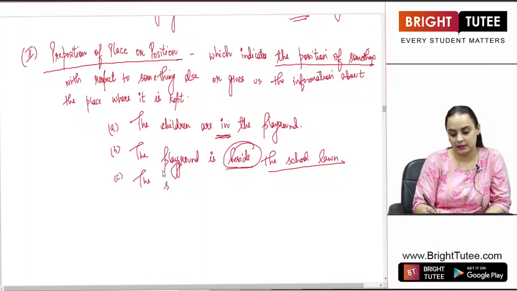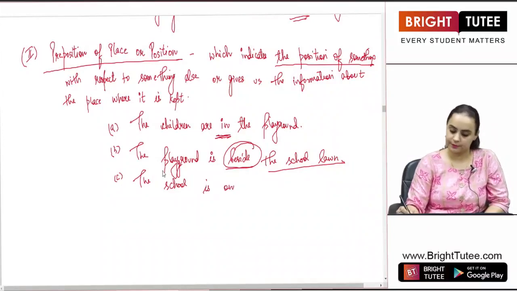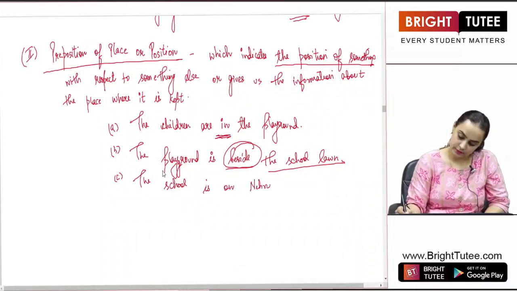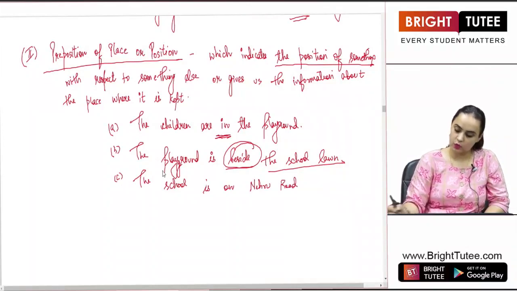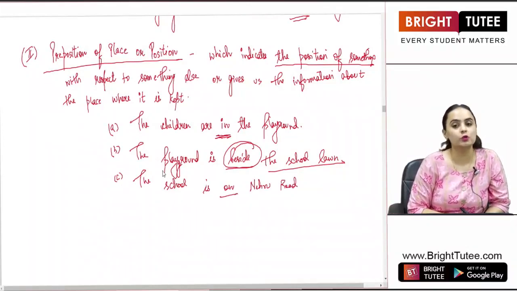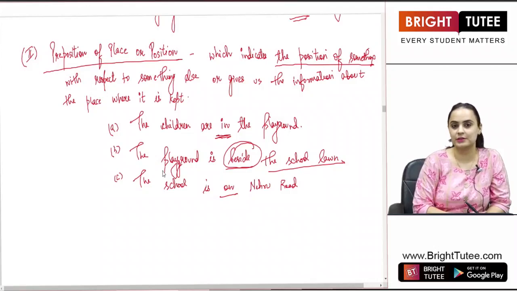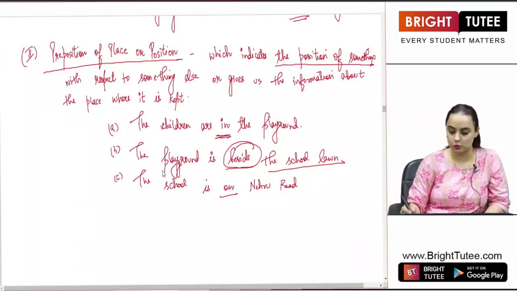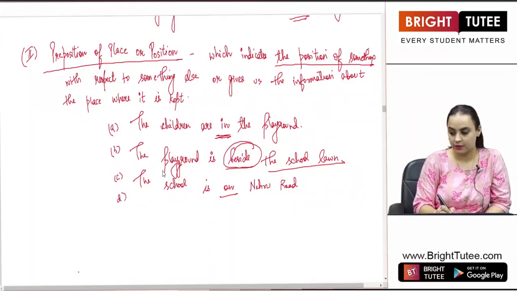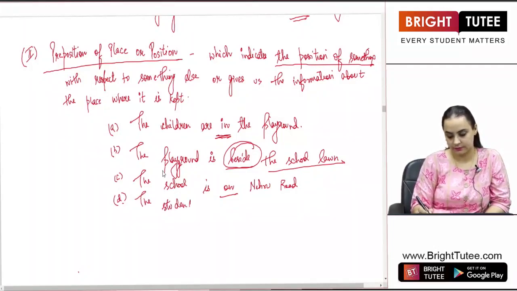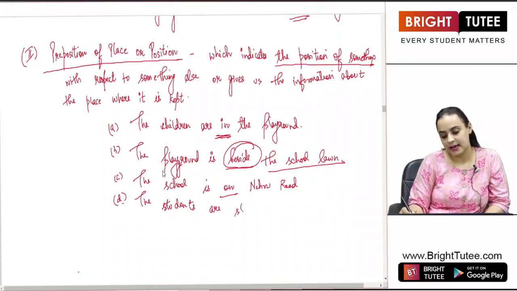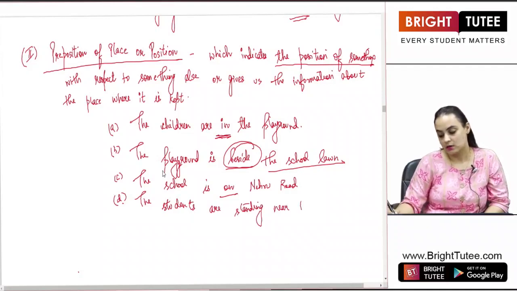If I say the school is on Nehru Road. So where is the school? On Nehru Road. What is the position of the school? On Nehru Road. The students are standing near the fences.